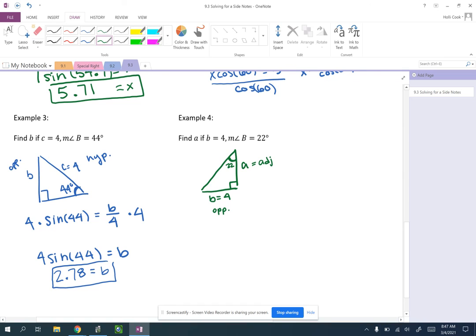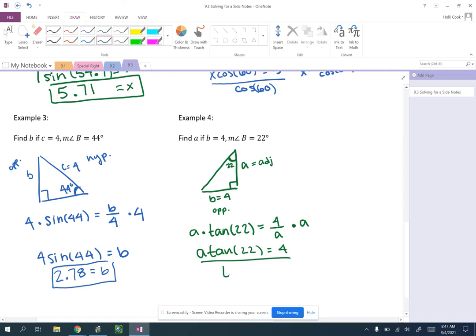Okay, so opposite and adjacent, that's going to be tangent. So we know the tangent of 22 degrees is going to be equal to our opposite, 4 over our adjacent, which is A. So we got to multiply by A to get it out of the denominator.